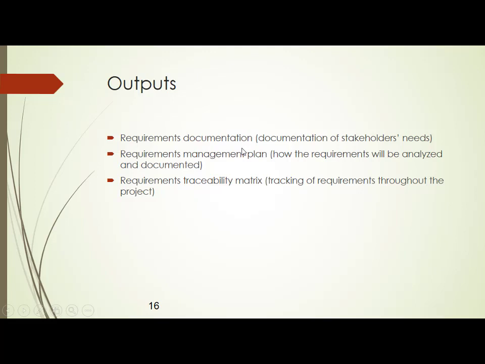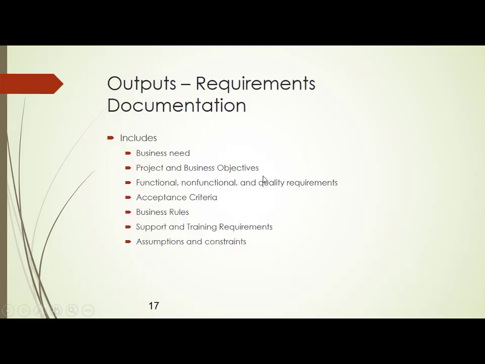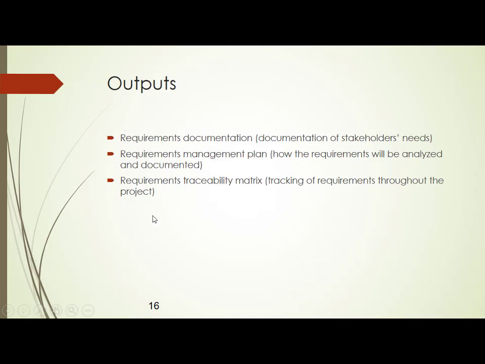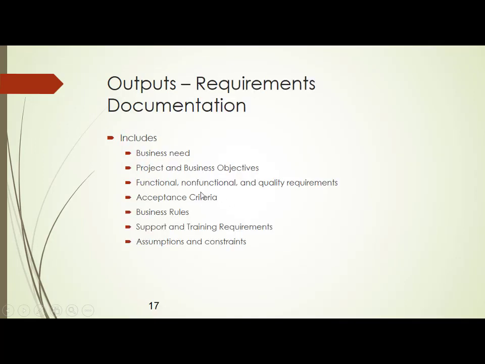That means now you have all the documentation of stakeholder needs. Then you have the requirements management plan, how the requirements will be analyzed and documented, and the requirements traceability matrix, very important. Requirements traceability matrix means tracking of requirements throughout the project. Okay, so now we will see an example of what this requirements traceability matrix is.